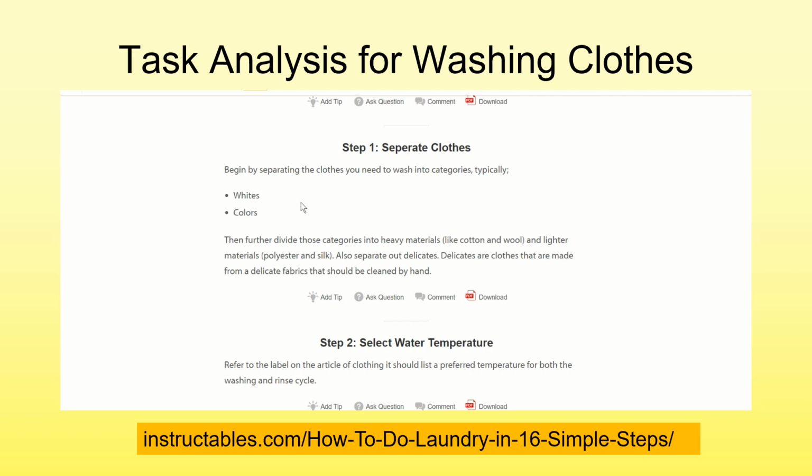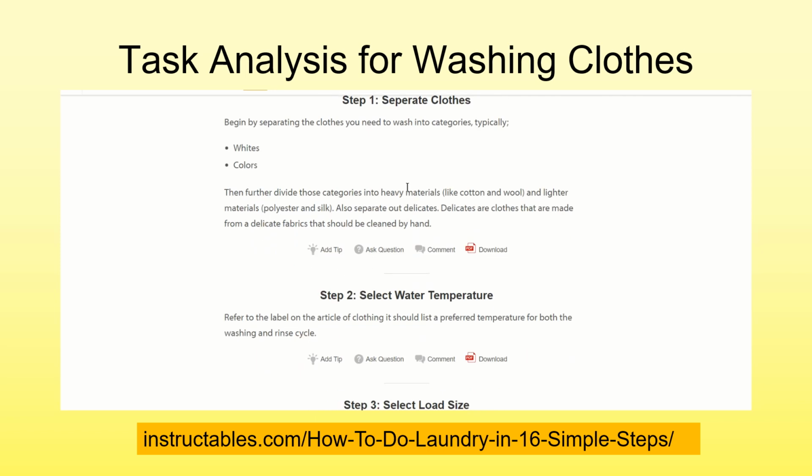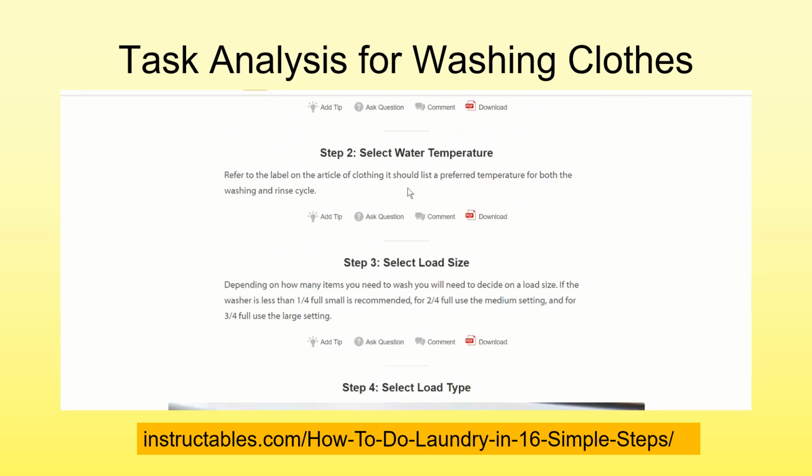Start by separating clothes, whites and colors. But then they say, oh, wait, there are further categories here: cotton and wool and lighter materials. And then there's delicates. Okay, so really there's a bunch of sub-steps involved in this. But separate clothes is a major step. A next major step is to select the water temperature.